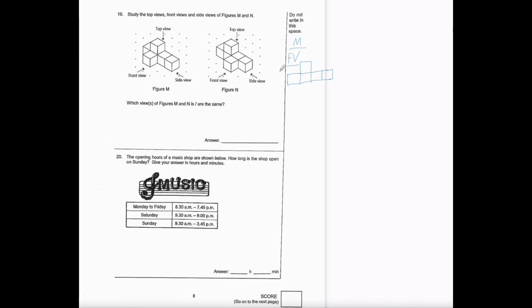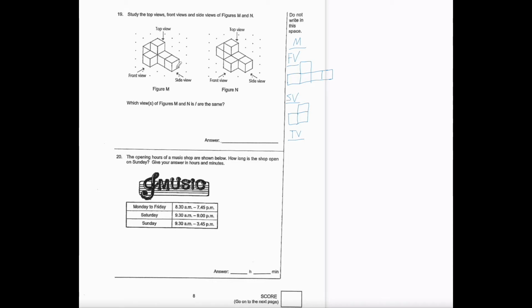How about my side view? If I see the side view, what you're seeing is one box here, and then there are 2 boxes here. So this is the one box I just drew, and then at the side there are 2 boxes. I'll just call them boxes or cubes, they're the same thing. Let's go to the top view.